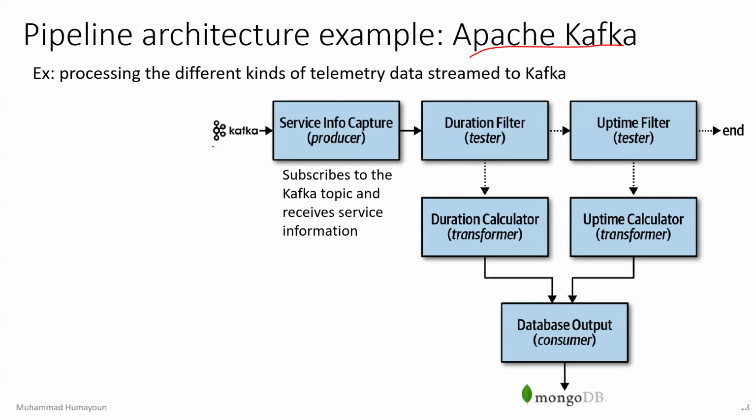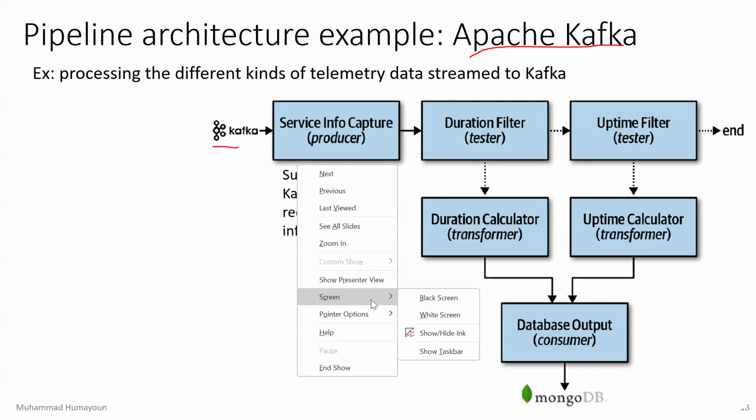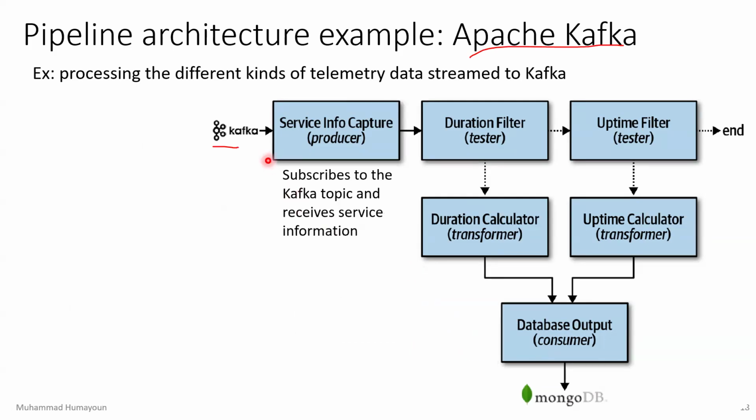So you have a Kafka here, and let's say the data you receive or capture is coming from Netflix. Let's assume that. So what you do, you just subscribe to this Kafka topic, and all the videos or data within that channel, you can receive.